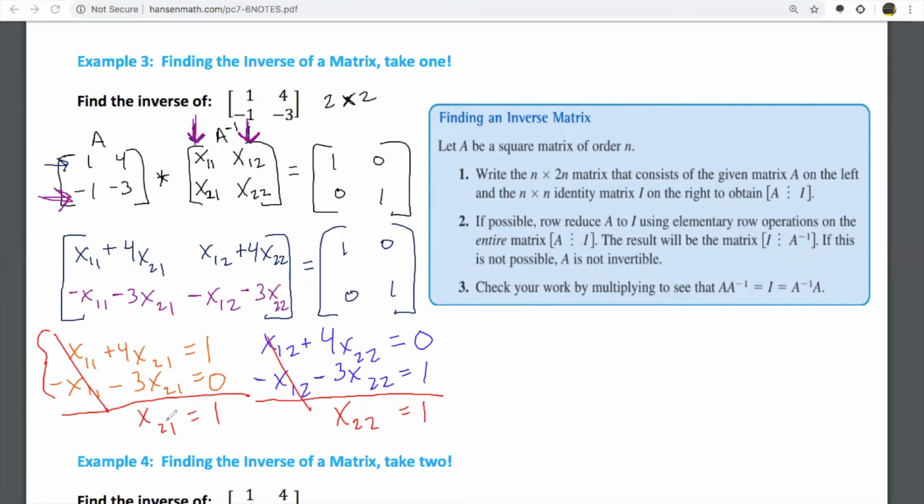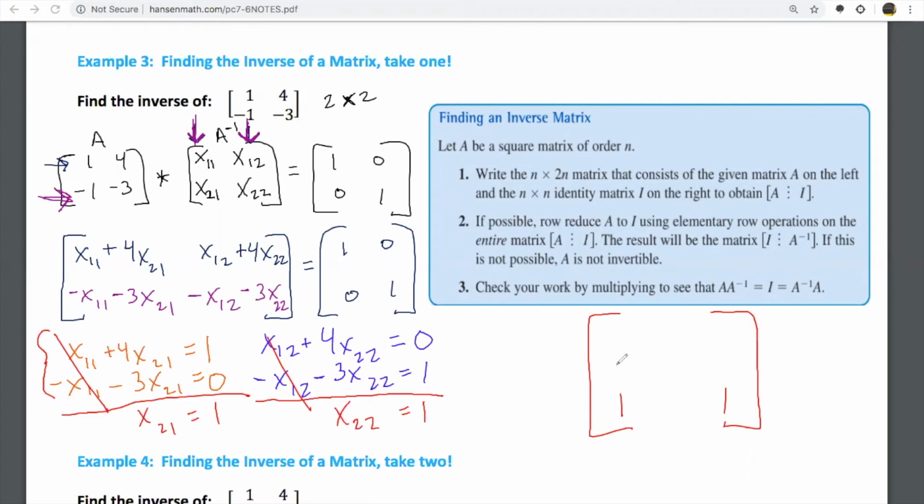So these are literally element values in our new matrix, where we have x in row 2 column 1 is worth 1, and x in row 2 column 2 is worth 1.